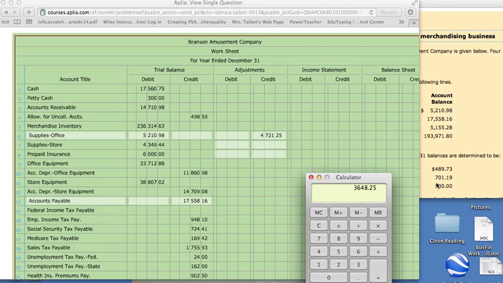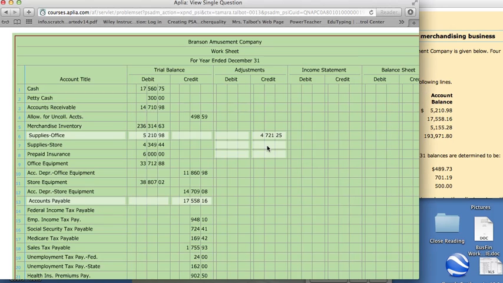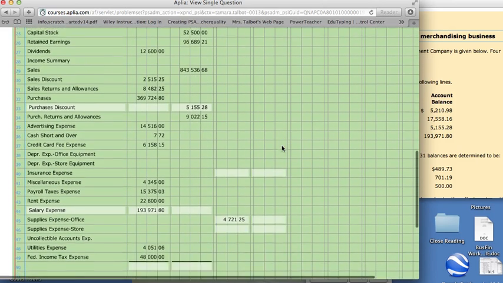Again, it got smaller, so we will put it in as a credit to our supply store, $3,648.25. And then we will also need to debit this amount down in our expense account.